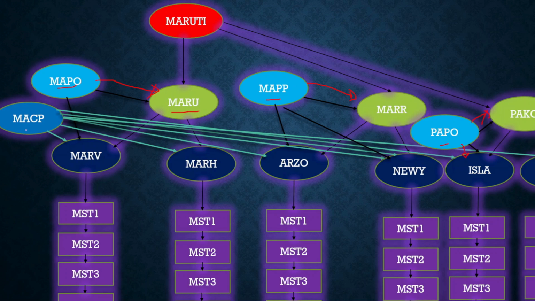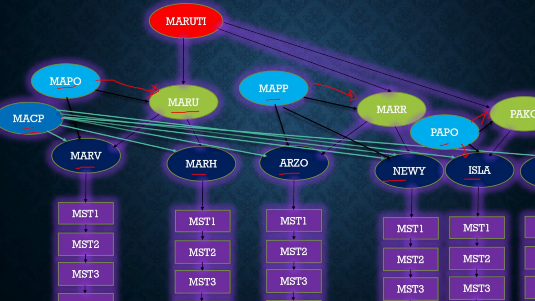But observe, a centralized purchase organization is never assigned with any company code. It's only assigned with plants. So MACP is only assigned with plants. It's not assigned with any company code.